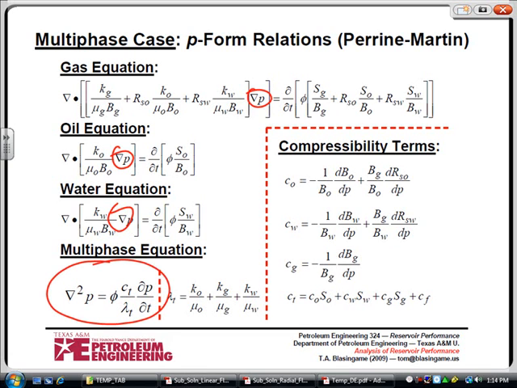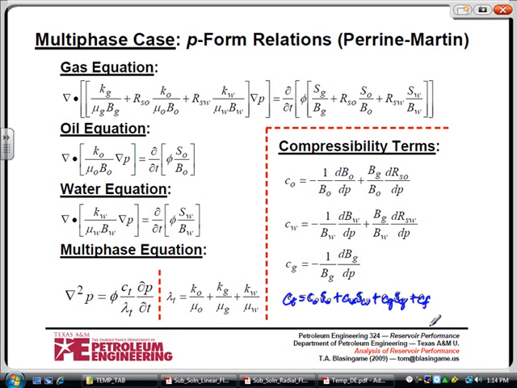Does it make sense to you that if we define a total compressibility function, CT, that captures all of the energy, C_o S_o plus C_w S_w plus C_g S_g plus C_f, that's all the energy, right?